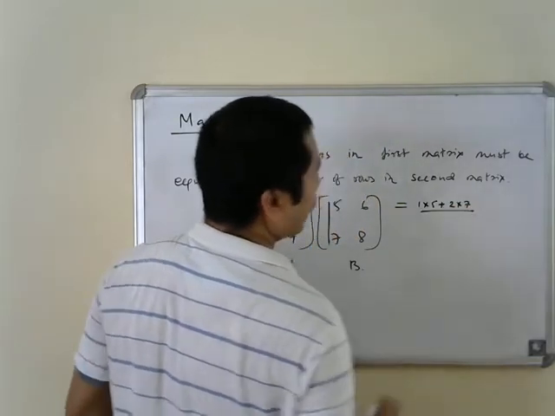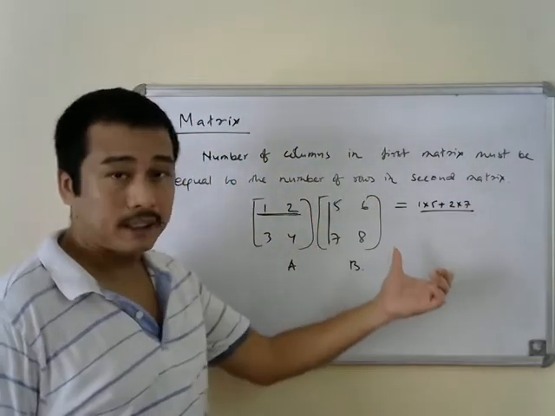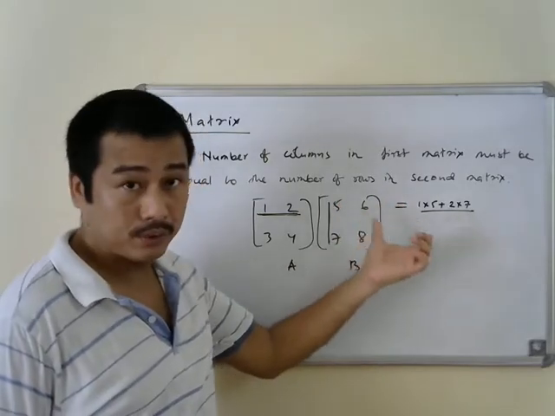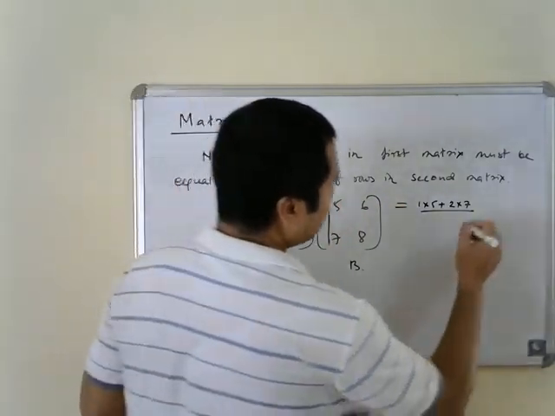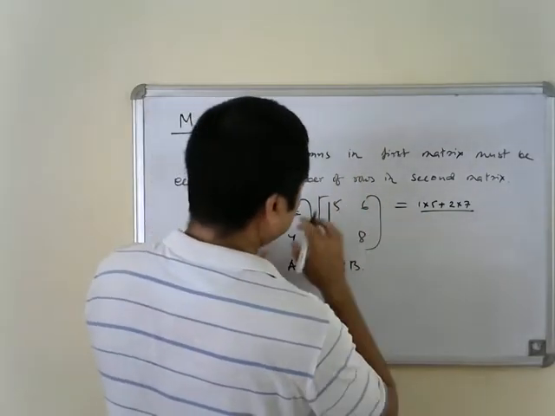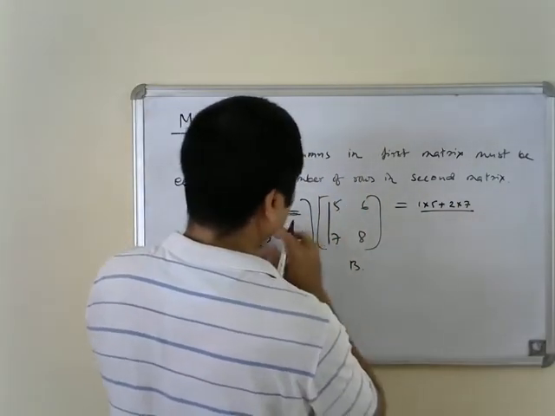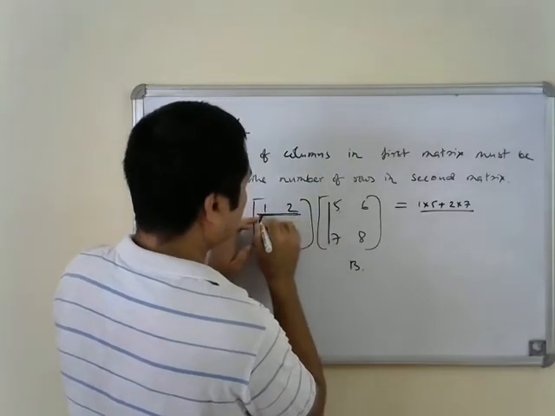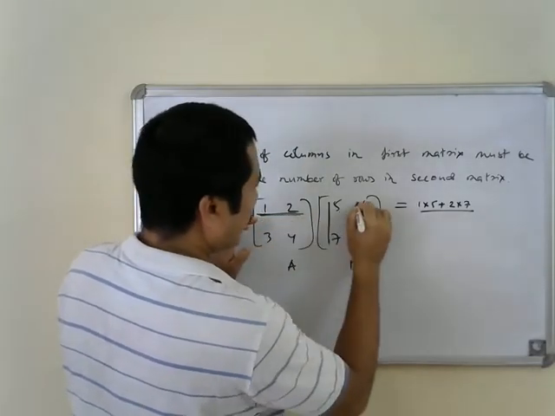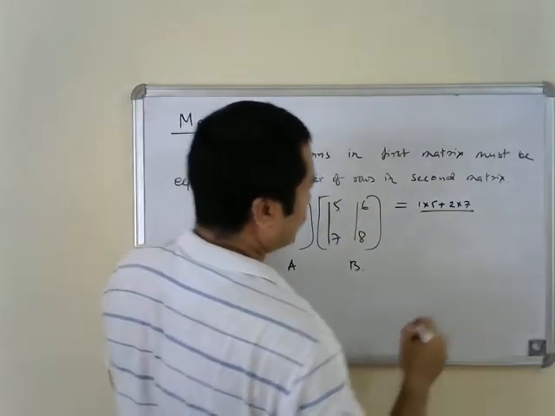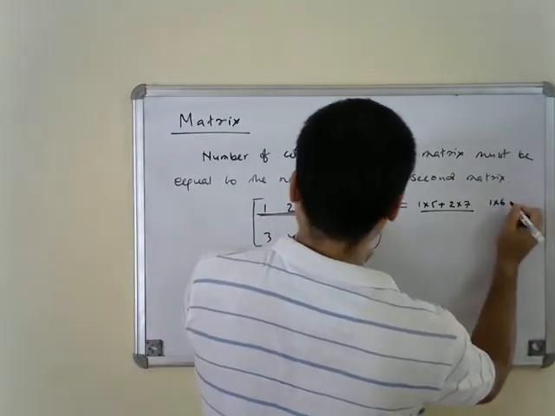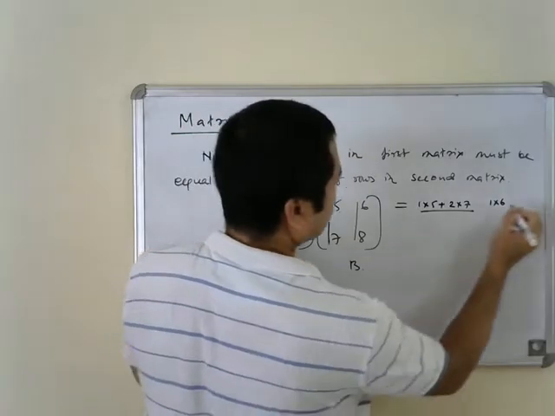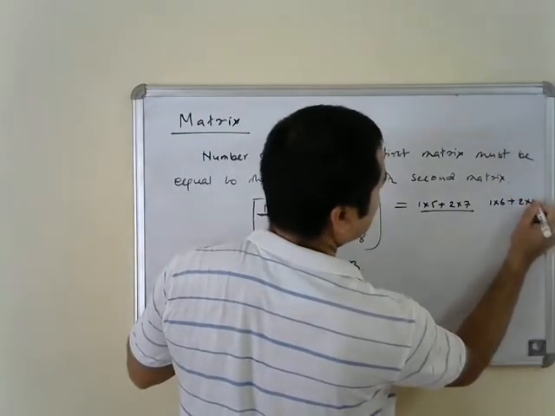So this is what will be the first element, the element in the first row, first column in the resulting matrix, and the element in the first row, second column is going to be given by the product of the first row and the second column. So that is 1 into 6 plus 2 into 8.